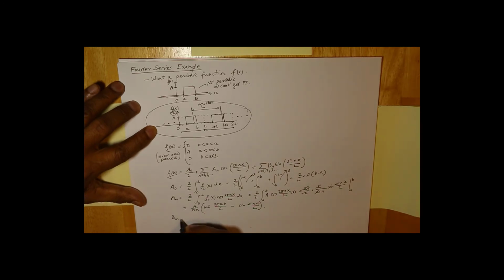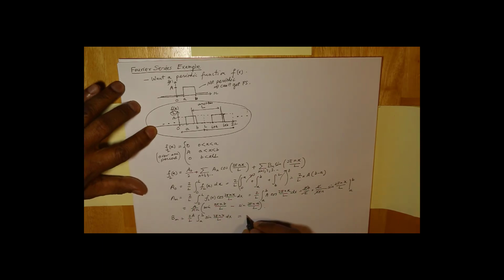The rule for Bm will be very similar. It's going to be 2 over L, integral from A to B of sine 2 pi nx over L dx. So when I integrate sine, I pick up a cosine, so minus 2 over L over 2 pi n.